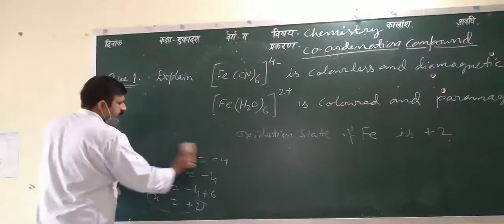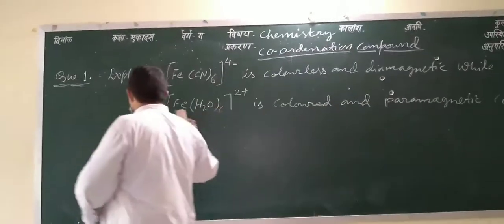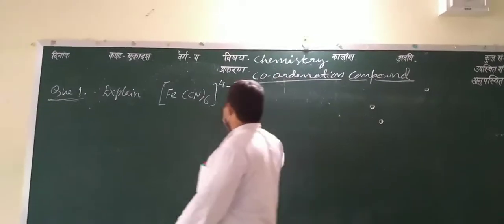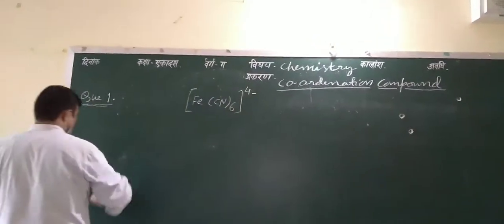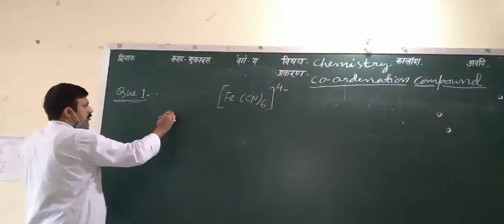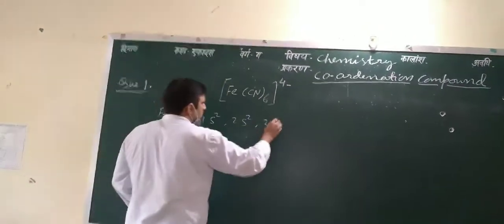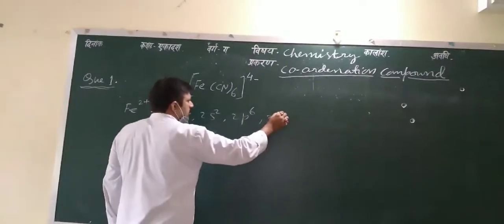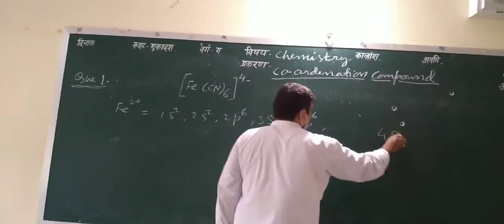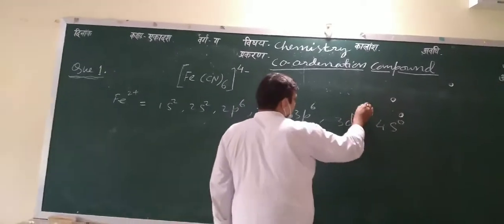Now, the electronic configuration of Fe2+ is 1s2, 2s2, 2p6, 3s2, 3p6, then 4s0 and 3d6.